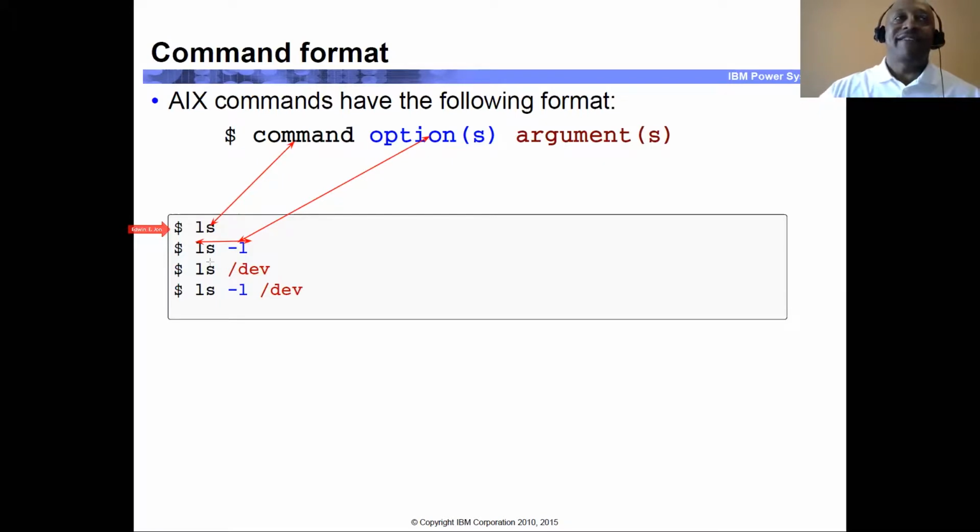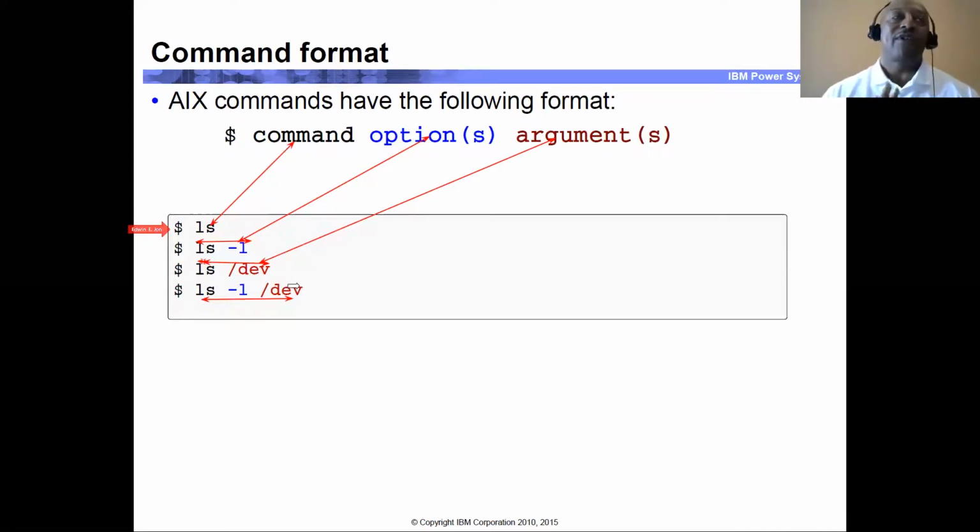They color coded this for us. The third example here is a command and an argument, no options. And finally, the last example is the ls command, option -l, and there could be multiple options specified, but the argument follows last. So most of the time, the argument is always last on the command line.